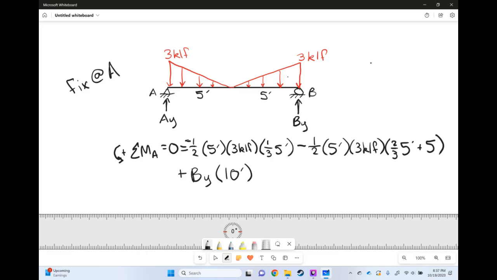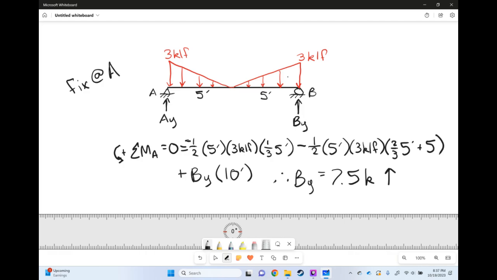So you multiply all of these numbers up here all together, and then we're going to divide by 10. So we're going to find that BY is equal to 7.5 kips going up.